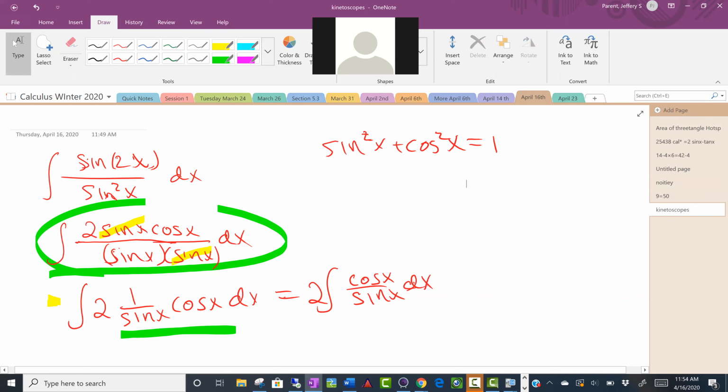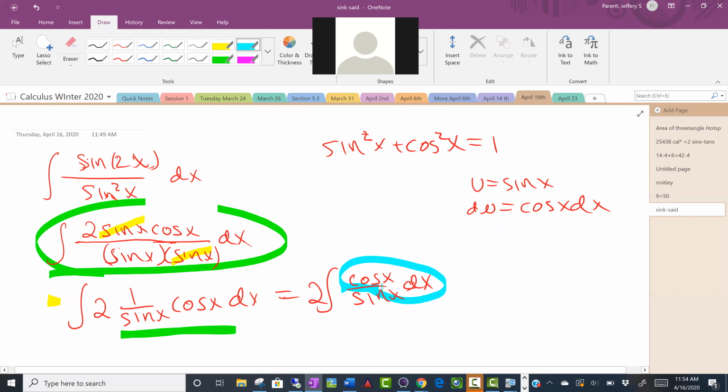Let's start again with your second choice, which is u equals sine of x. And then du would equal cosine of x dx. And the nice thing is that I've already got that in the numerator here, right? That's right there. So that's my du term.